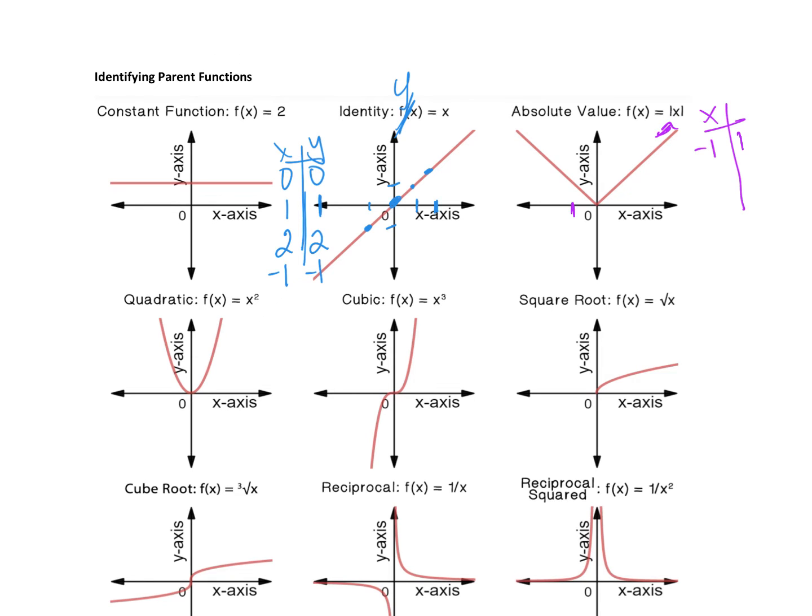And that's why you get this right here. f of -2 is a +2. That's why you get this right here. f of 0 is just 0. f of 1, plug it in, you're going to get a +1. And then f of 2, plug it in, you're going to get a +2.